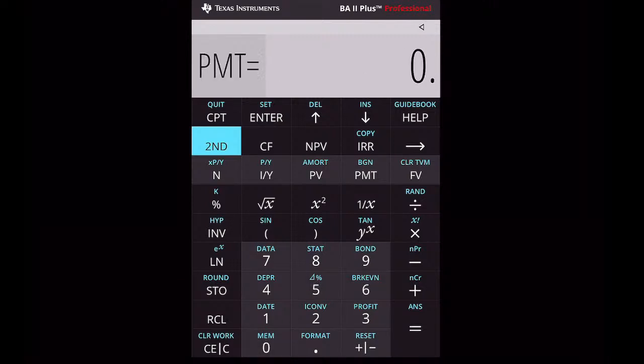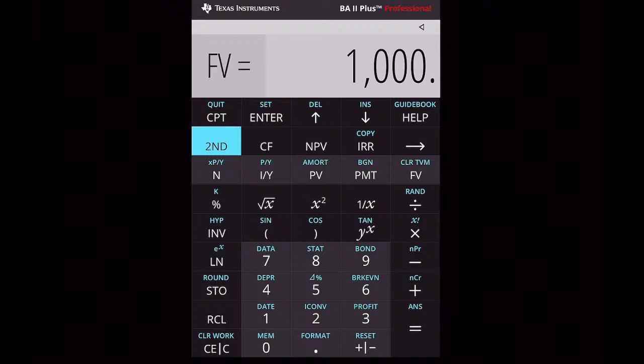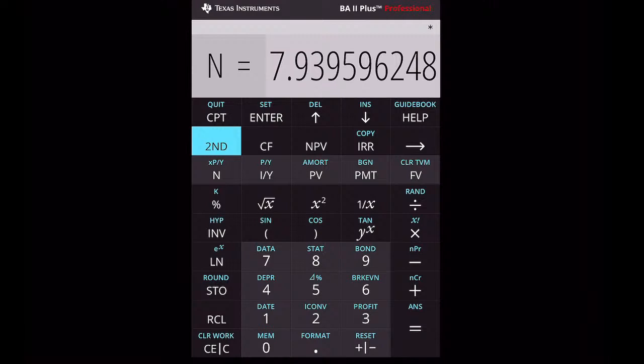There are no payments, and then I will earn $1,000. So I ask to compute N, and I get this number. And so that's just about 8 years, right?